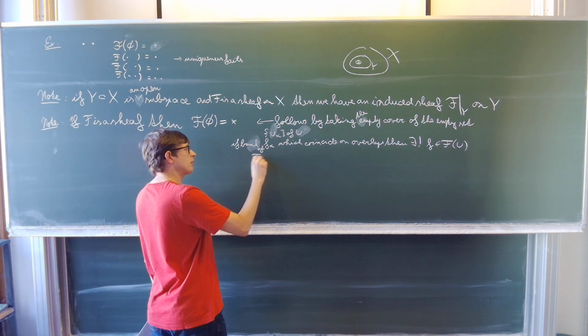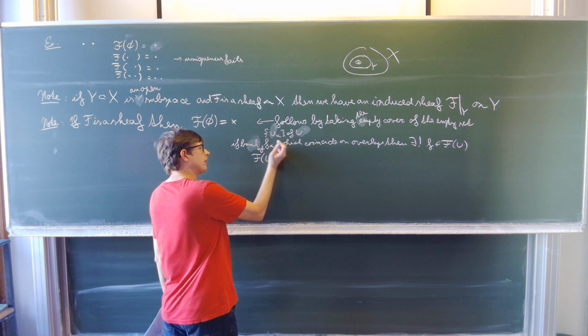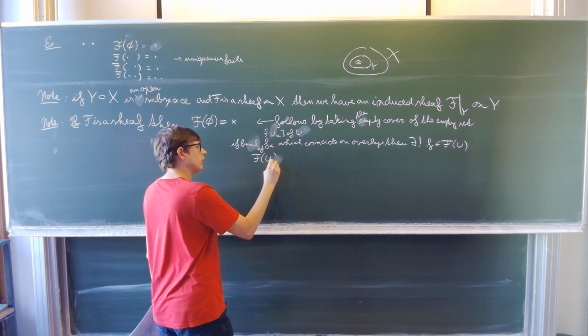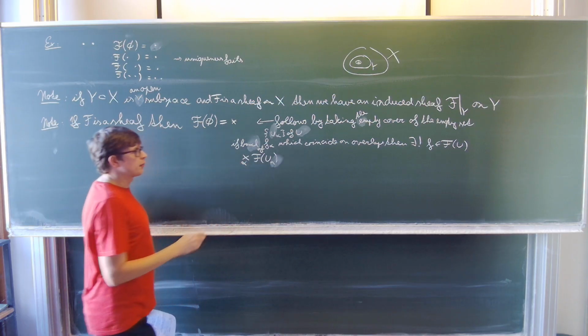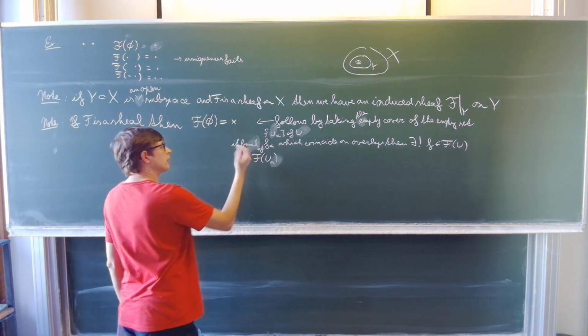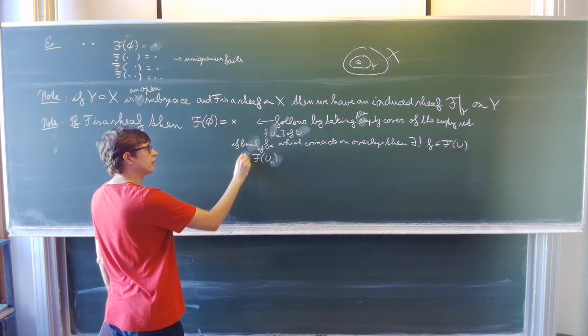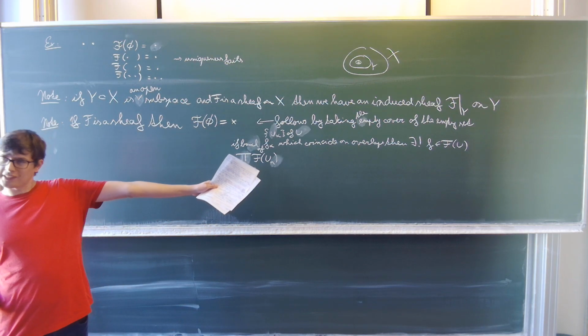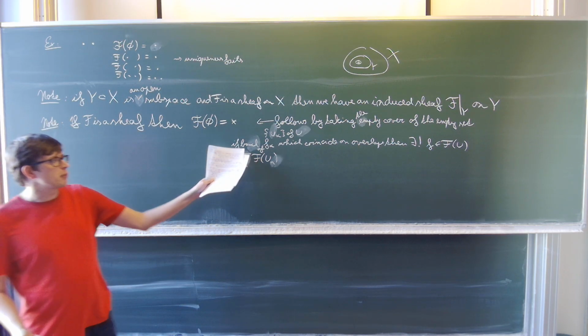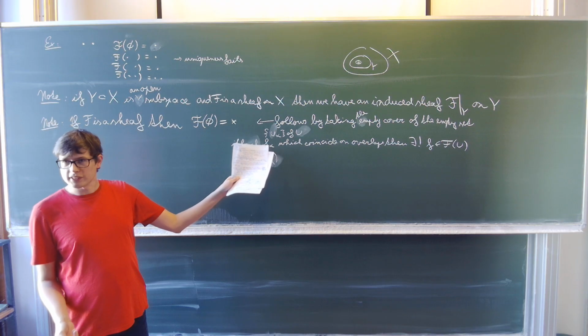It means that I have an element in the product of F alphas. So I take a product of these sets and I choose an element in there. That's what it means to have a bunch of F alphas.